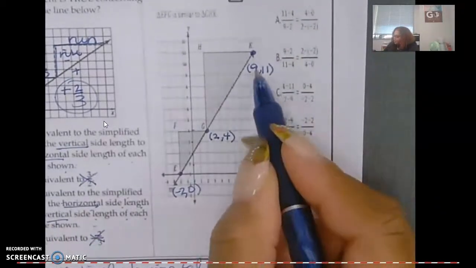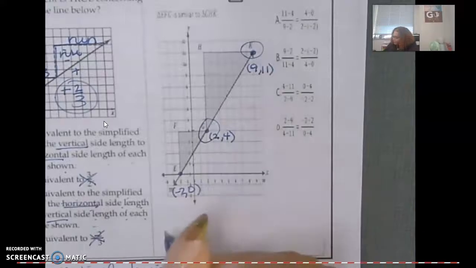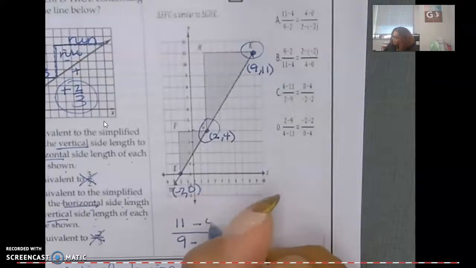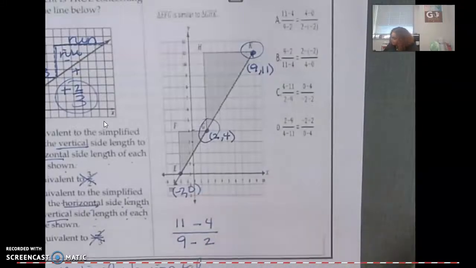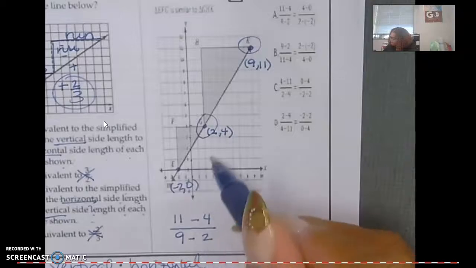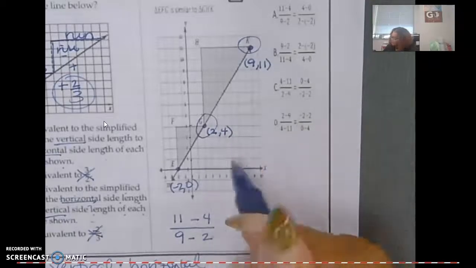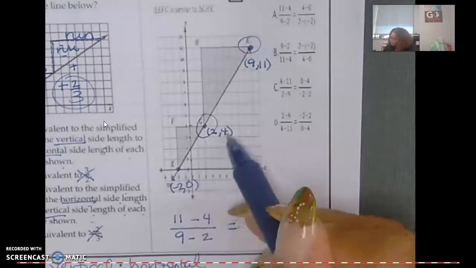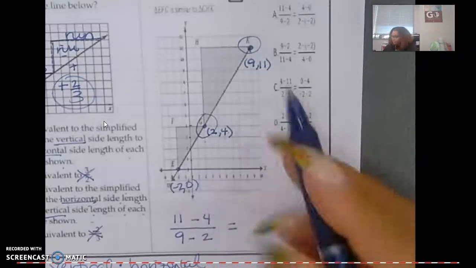So I will start with these first 2 points, and I will do 11/9 minus 4/2. So that's got to be somewhere, I'm sorry, not 4/2. Yes, that's correct because that's this one, 4/2. And it also has to be equal to this point and this point slope.